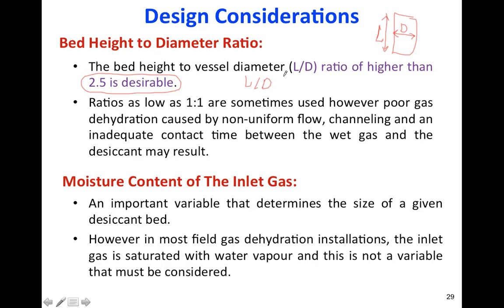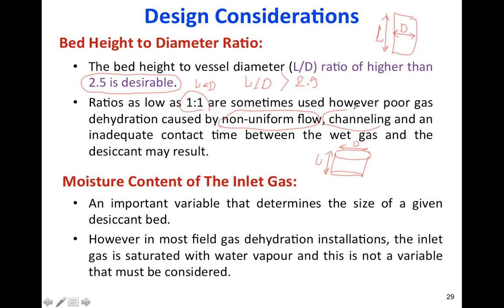A very low ratio, like 1 to 1, meaning L equals D, is sometimes used, but in that case your column is something like this, with the height almost the same as the diameter. So again, you will have a maldistribution or non-uniform flow.